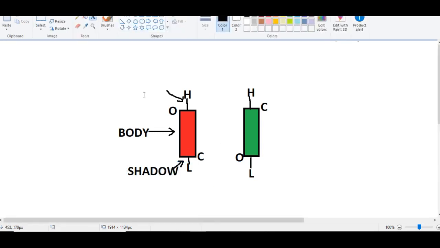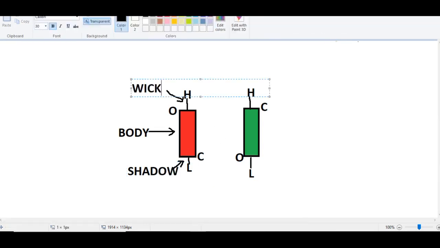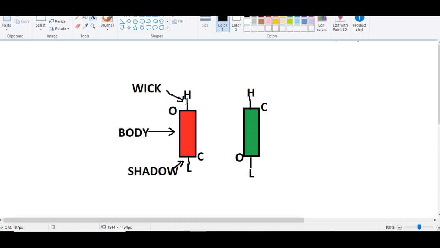So this is basically the breakup of a candlestick. The big colored portion is the body, and the lines on the candlestick are the shadow or the wick, for a green candle or a red candle.